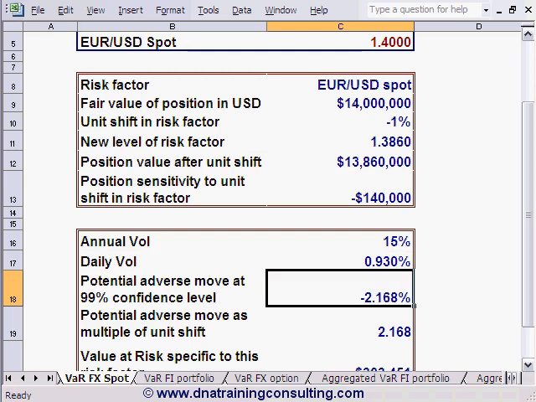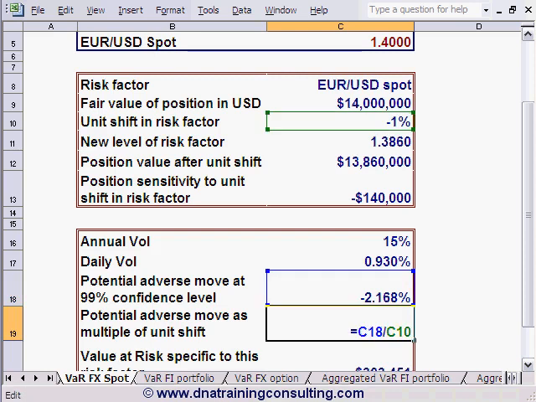We translate this adverse move into a multiple of the unit shift in the risk factor by simple division.